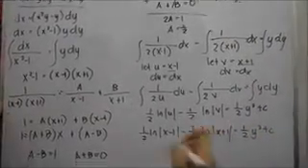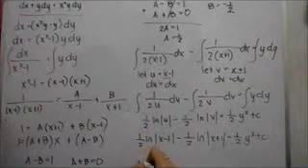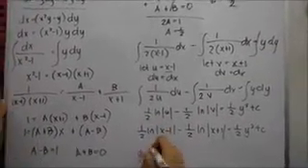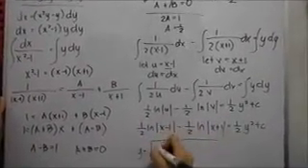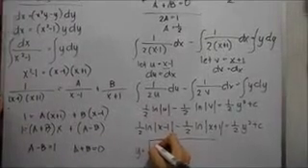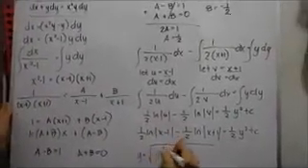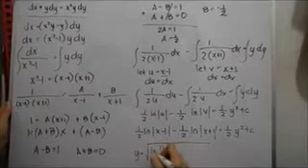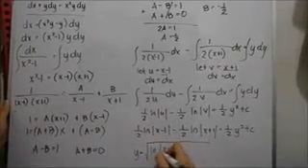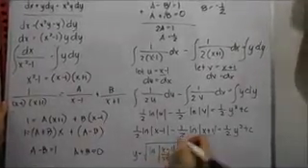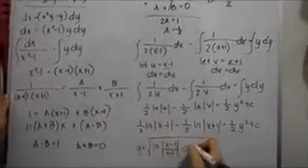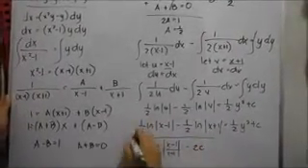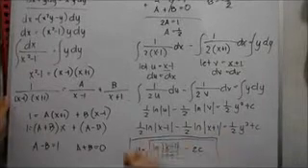Then by further simplifying, the final answer is y equals square root of ln of (x minus 1) over (x plus 1) minus 2c. So this is the final answer of the given equation.